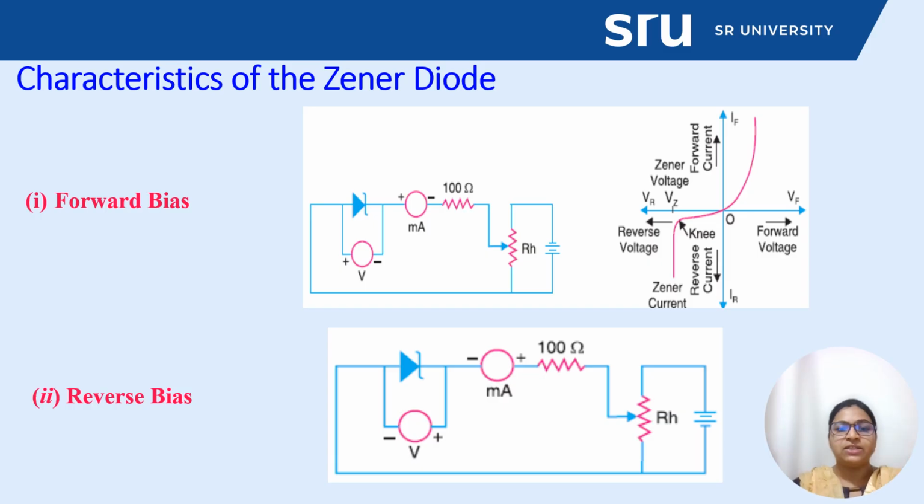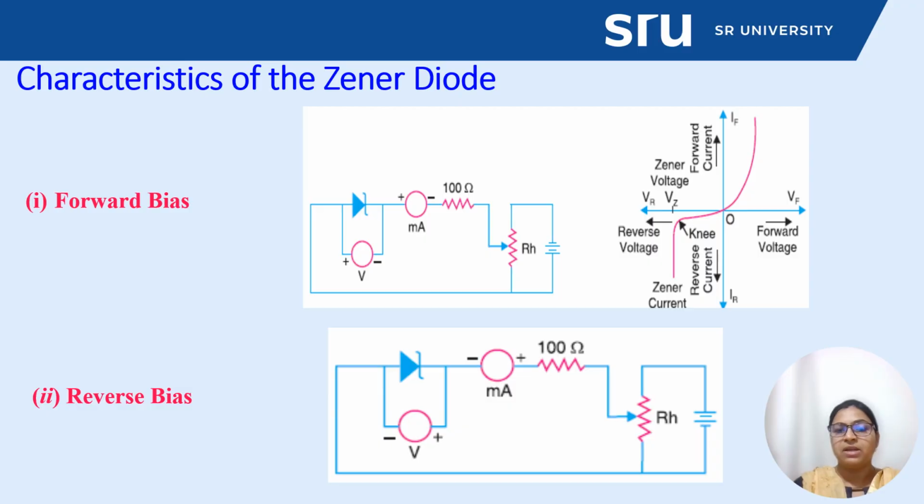In the reverse bias, we connect the terminals oppositely: the positive terminal of the diode is connected to the negative terminal of the voltmeter, and the negative terminal of the diode is connected with the negative terminal of the ammeter.